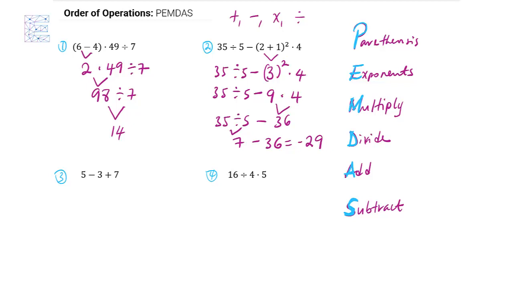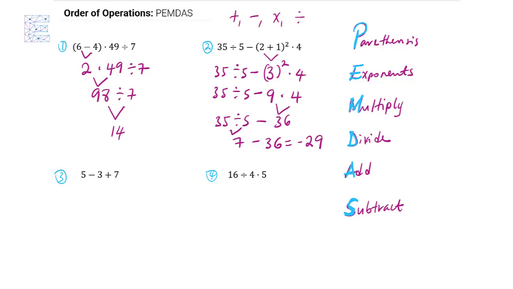The third question has a subtraction and then an addition. Now, a big rule that I did not mention at the beginning is that sometimes you disregard PEMDAS. This is certainly one of those instances when you do not follow PEMDAS verbatim.